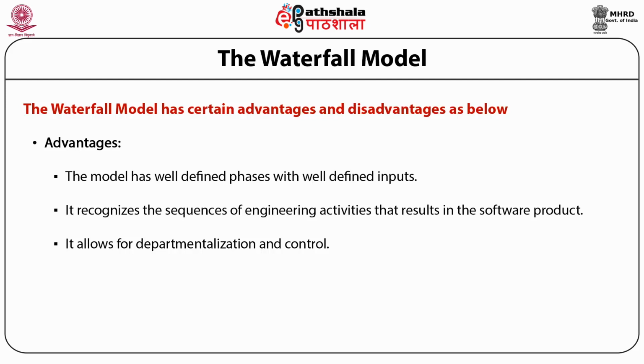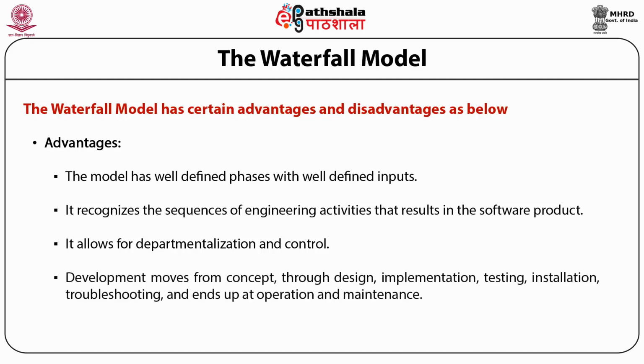A schedule can be set with deadlines for each stage of development, and a product can proceed through the development process model phases one by one. Development moves from concept through design, implementation, testing, installation, troubleshooting, and ends up at operation and maintenance. Each phase of development proceeds in strict order.